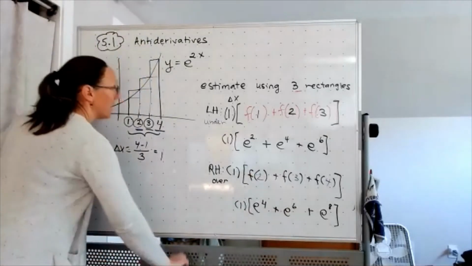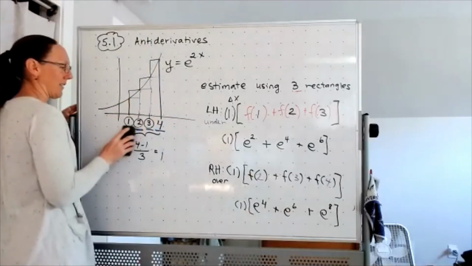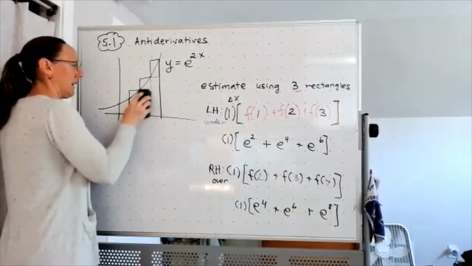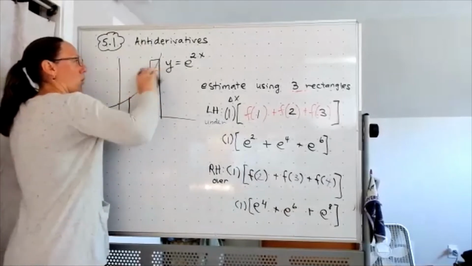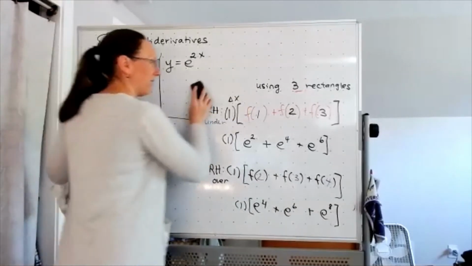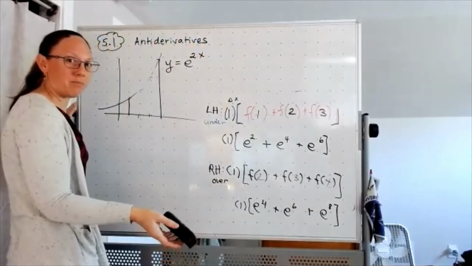Okay. So what if we reverse this or rewind this a little bit and say, I don't want an overestimate or an underestimate. I don't want to estimate it at all. I want to find the true actual area.